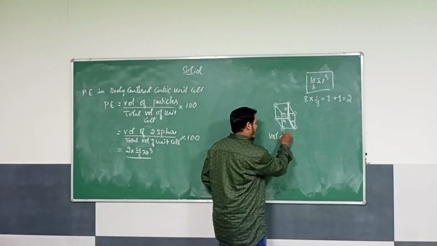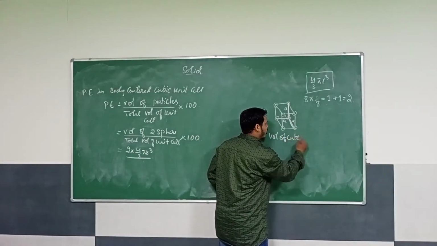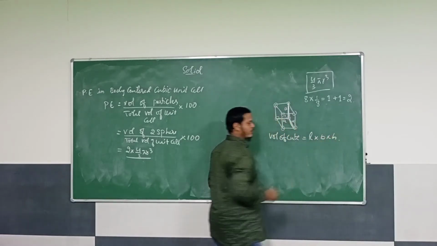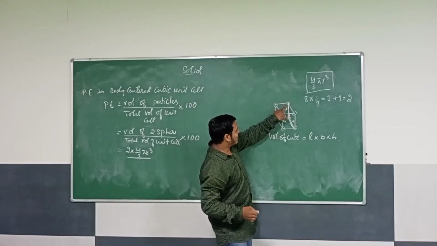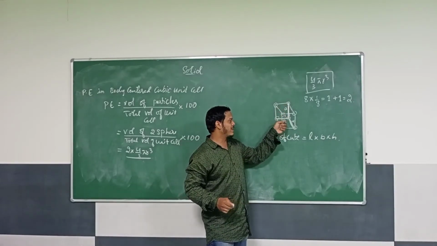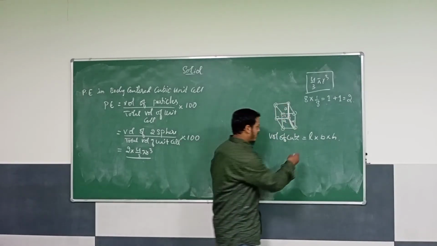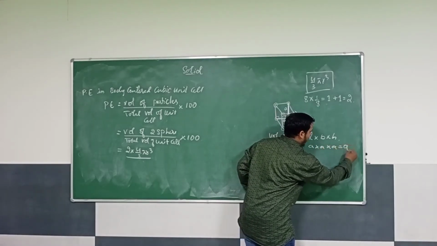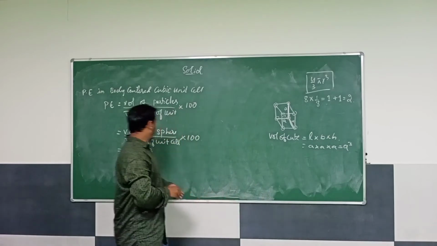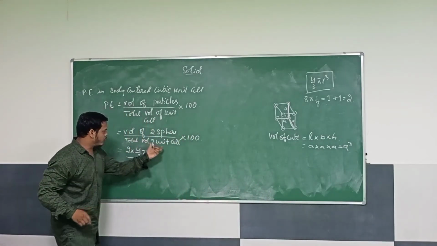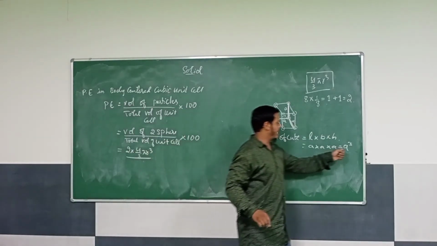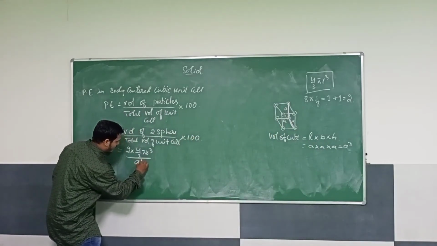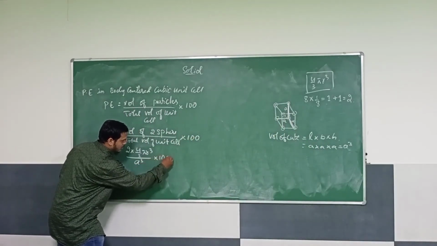Here the length is a, the breadth is a, and the height is a, so it becomes a cube. So my volume of unit cell becomes a cube, and I write this here divided by a cube into 100.